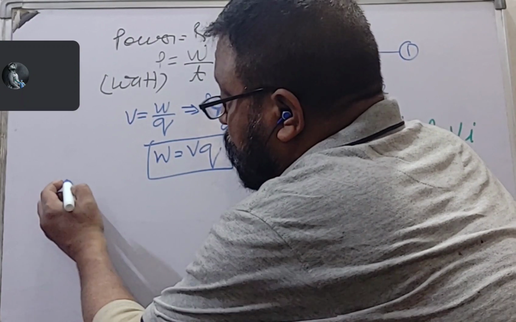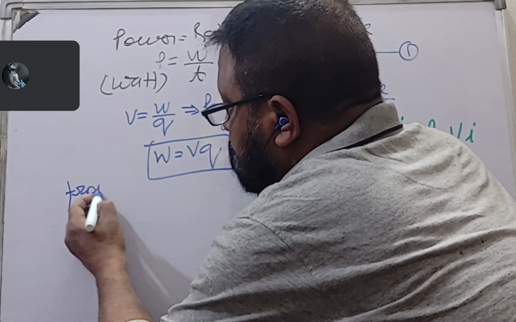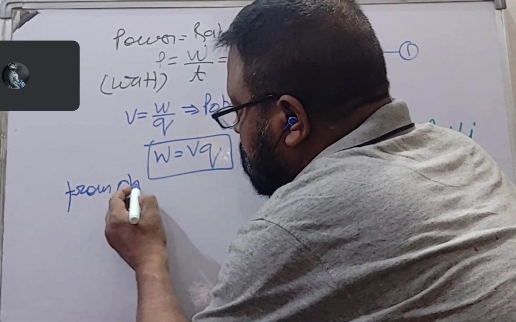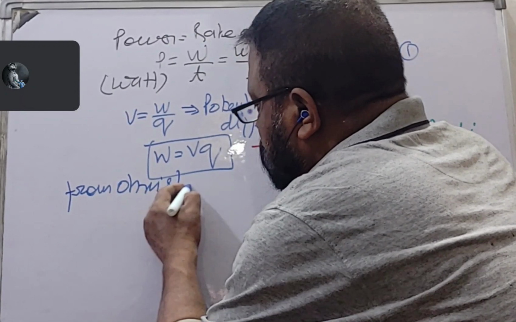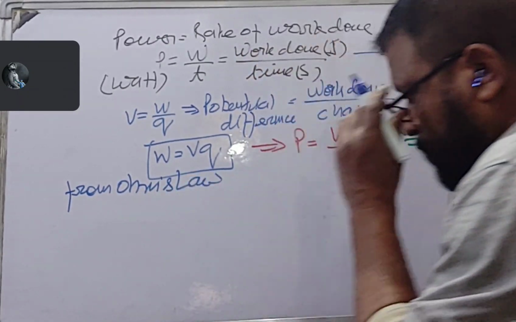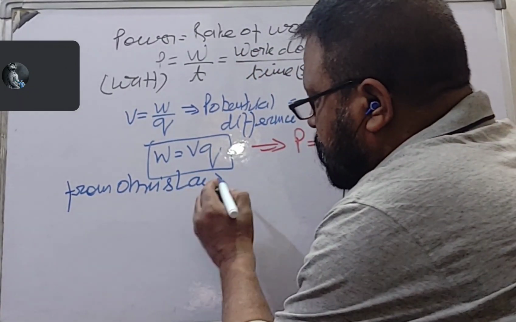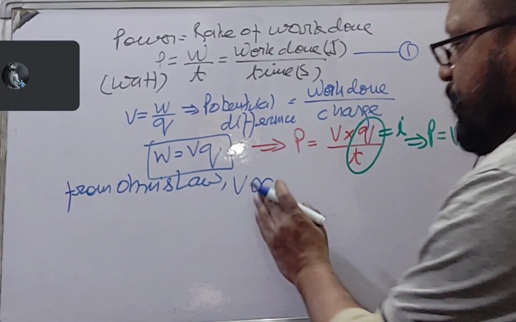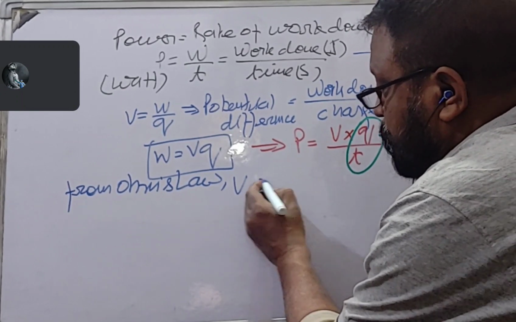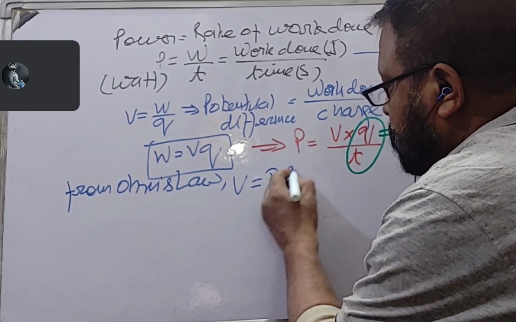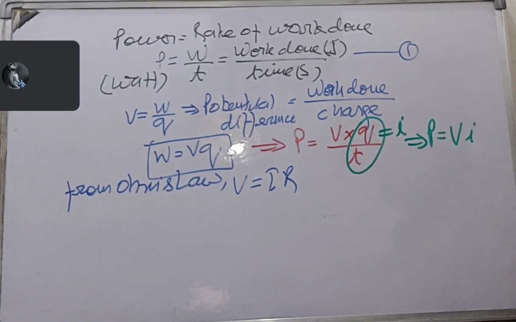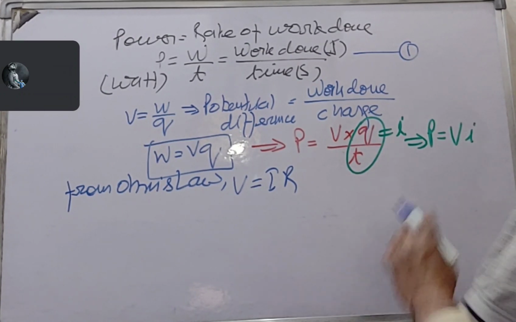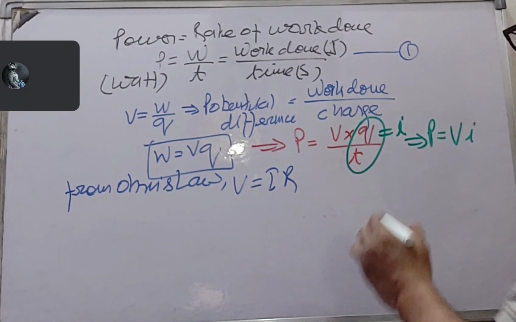from Ohm's law, V is directly proportional to I. V is equal to IR, right? So put this value.